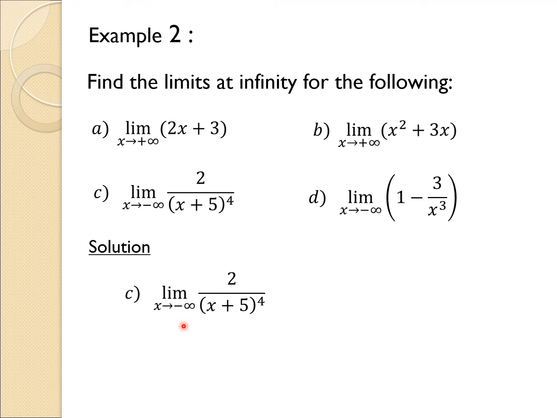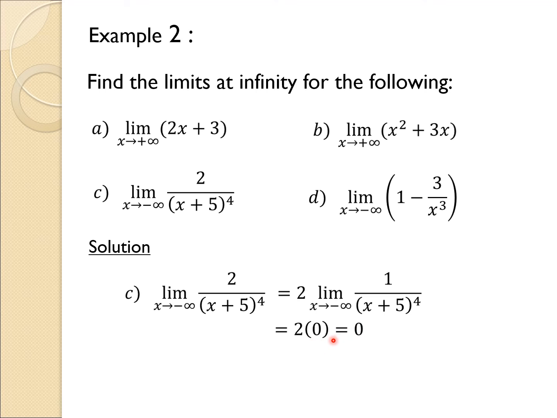C. Limit as x approaches negative infinity of 2 over x plus 5. So we can write it as 2 times limit as x approaches negative infinity of 1 over x, plus 5. When you substitute negative infinity, that means you get 1 over infinity. So the answer equals 0. This part becomes 0.